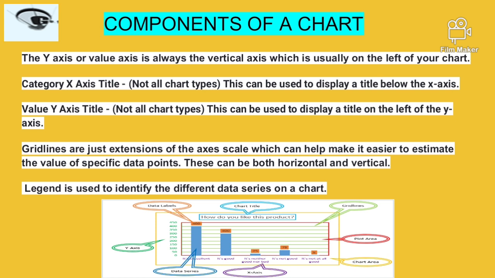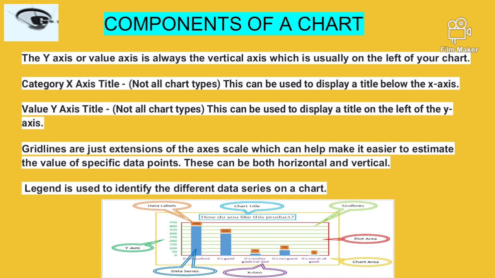The collective data points make up the data series. Next are the x and y axes. The x axis is the horizontal axis and the y axis is the vertical axis. The x axis represents categories and the y axis represents values.